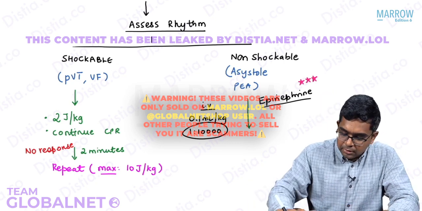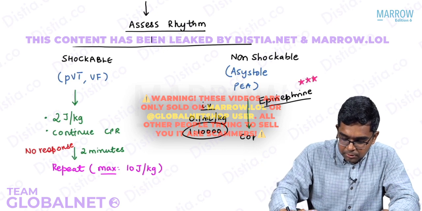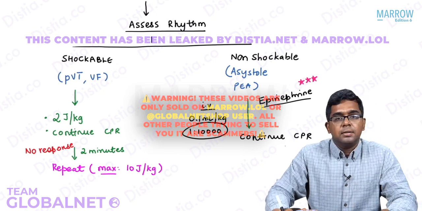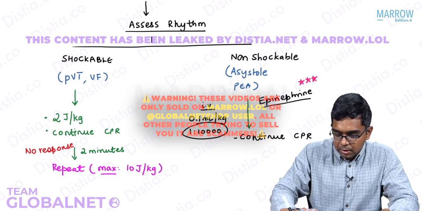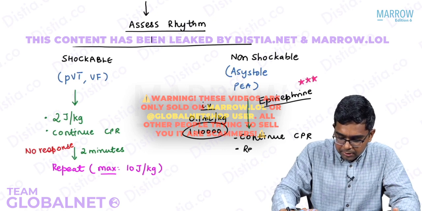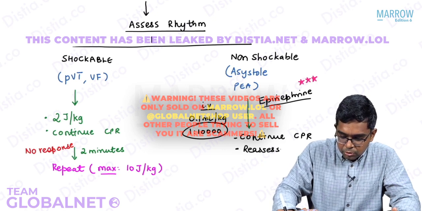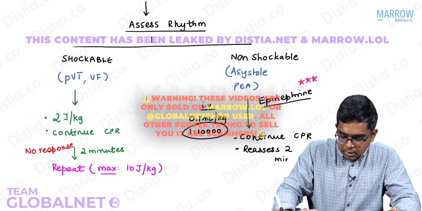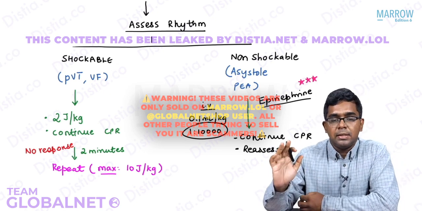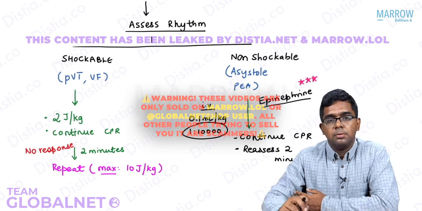Okay, and after giving epinephrine, you have to continue CPR. The other principle will apply that after you continue CPR, analyze the rhythm or reassess again after 2 minutes and make further decisions. Okay, that is about the algorithm for a non-shockable rhythm.